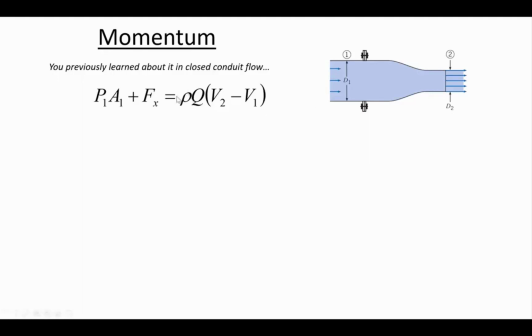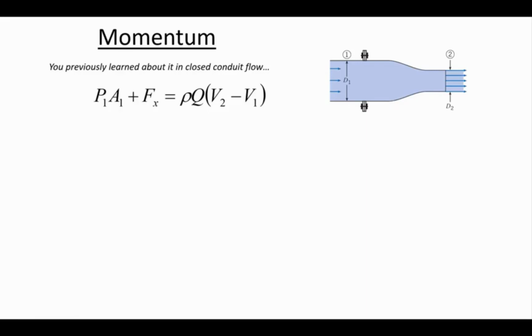And so density times volumetric flow is m dot, mass flow rate. And so then mass flow rate times velocity is momentum. And so the difference in momentum between what goes into the control volume and what comes out is going to tell us what force is required to hold the system steady. So that's just a recap of what we've seen before.